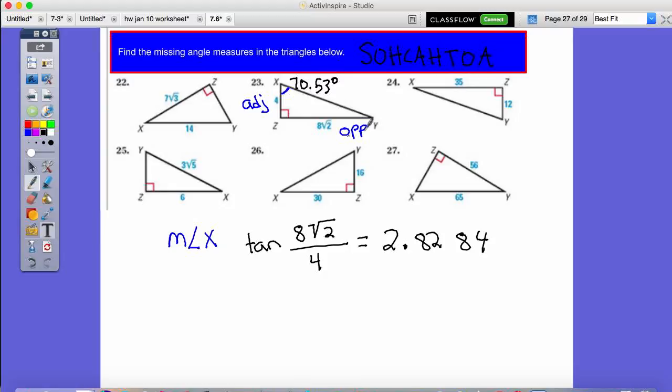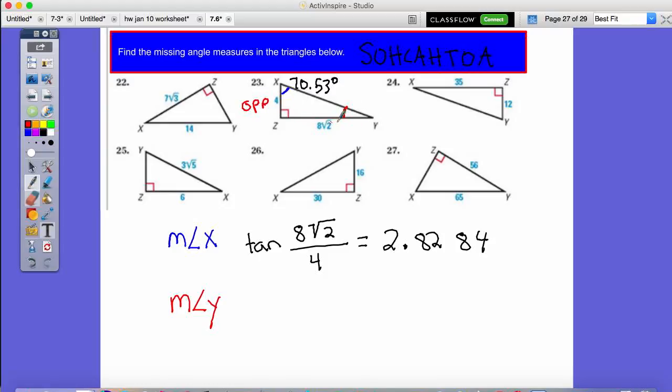So now, to check my answer, I'm going to find the measure of angle y. Again, I do not have a measurement for a hypotenuse, but I have the measurement of the two legs. The difference here is now 4 is the length of the leg opposite angle y.